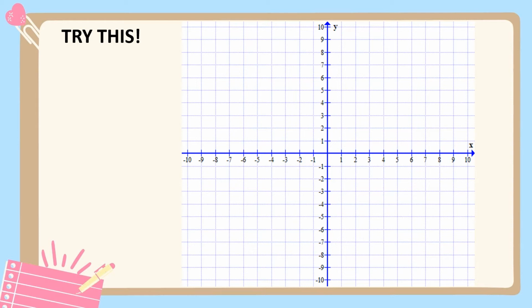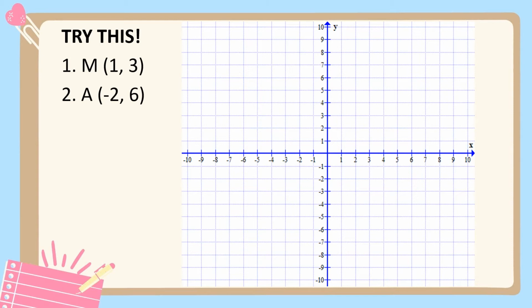For our first example, we have point M with coordinates (1, 3). This point is located on the first quadrant. So here it is, point M. Second example, point A with coordinates (-2, 6).